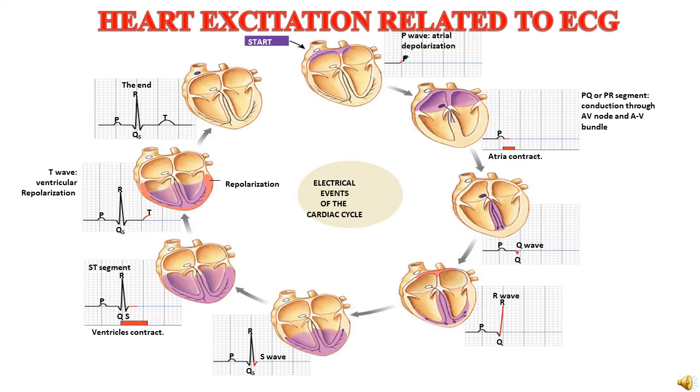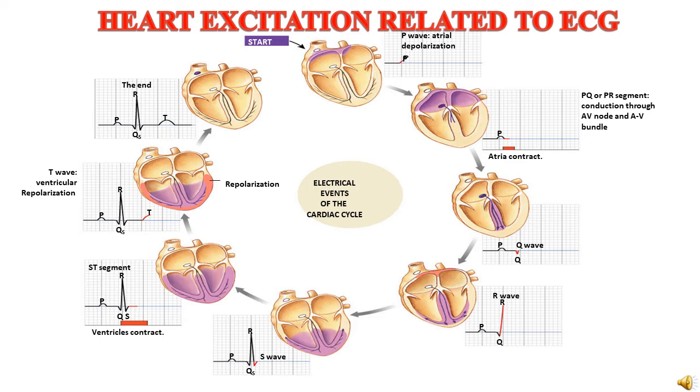That means the atria, which are purplish in color, demonstrate that the impulse has traveled through the atria and the atria contract. Moving on to the third part, in which we can see only a small part of the heart, in between the ventricles, purplish in color, which is represented by the Q, the starting of the Q wave.